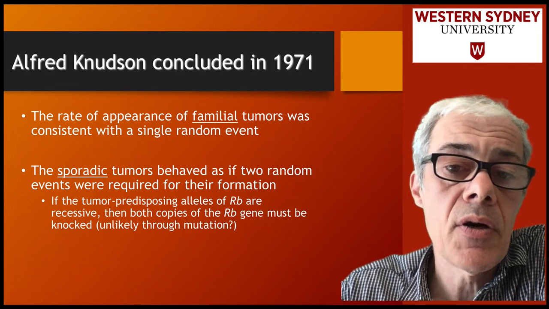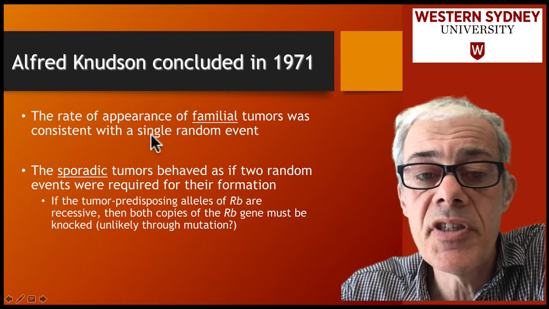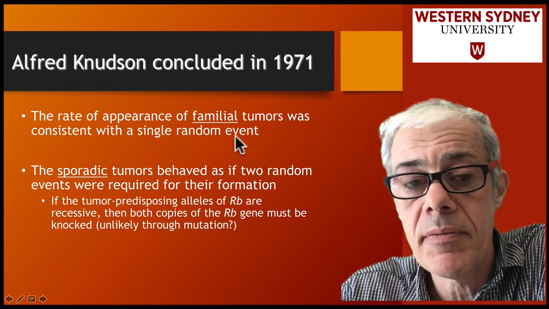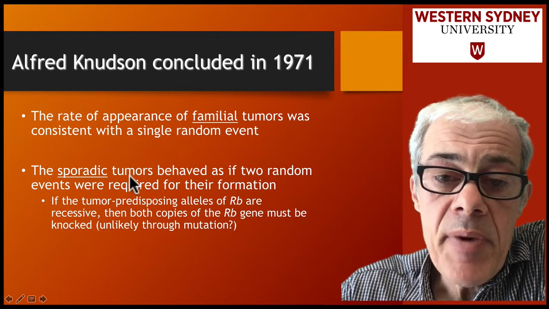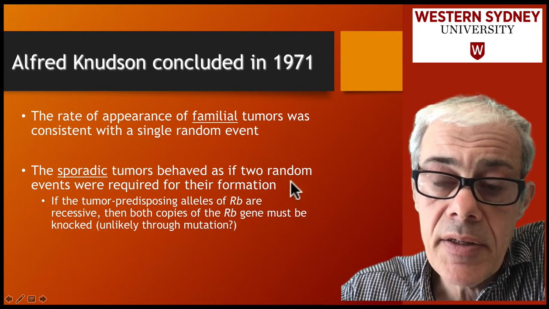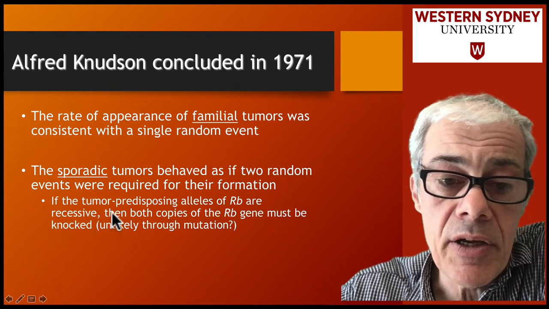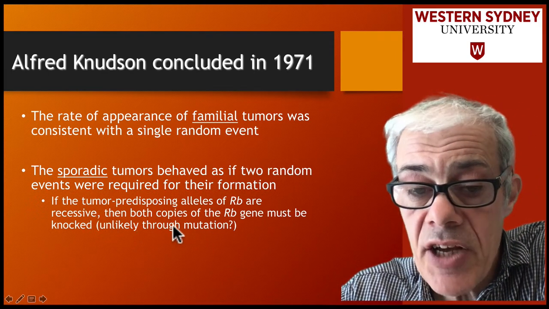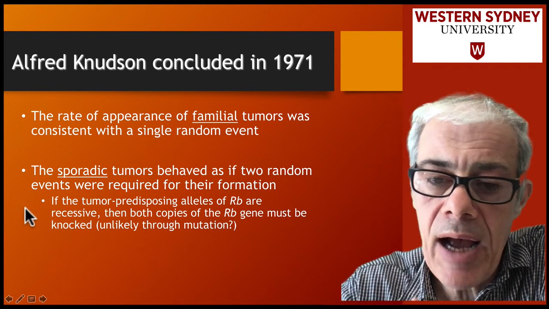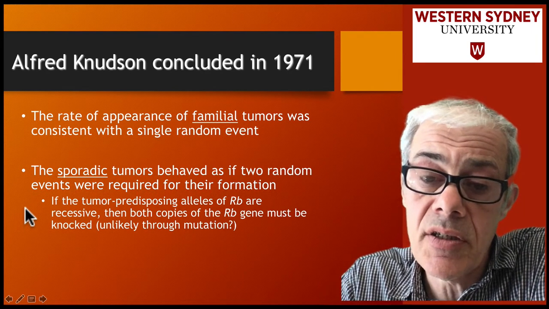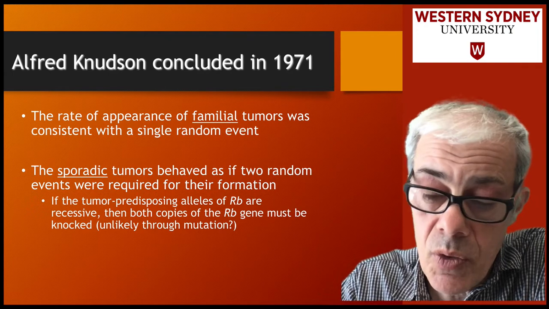The rate of appearance of the familial tumors was consistent with a single random event, and the sporadic tumors behaved as if it was two random events. But the chances of both alleles being knocked out through mutation alone was very low. So it was confusing to people how you can get two random mutations in one cell during development to cause the disease.